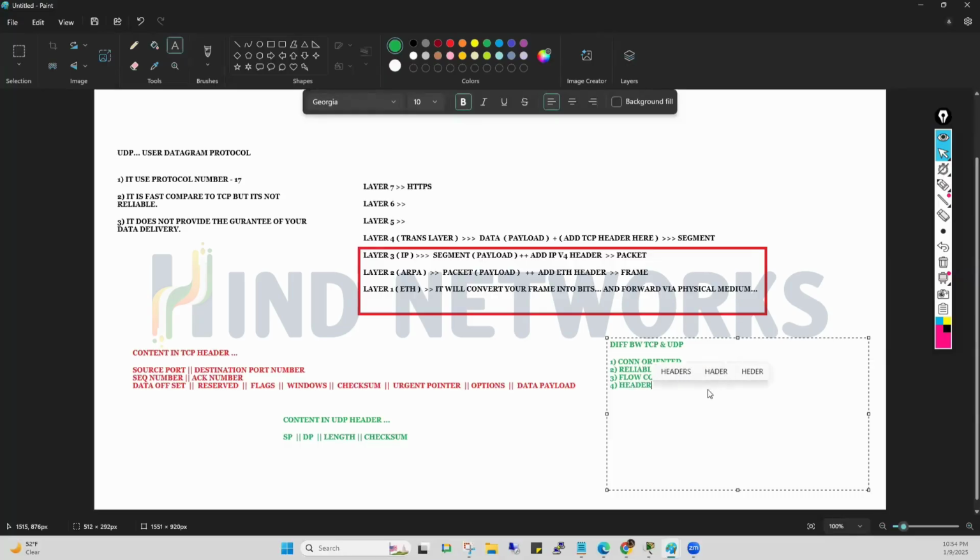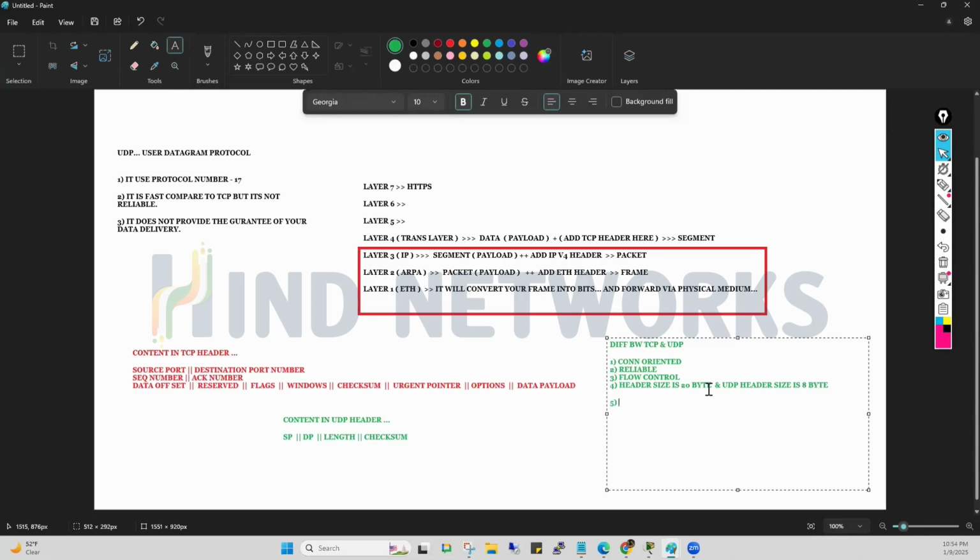TCP header size is 20 bytes. What is the size of the header, guys? 20 bytes. But in case of UDP, the header size is 8 bytes. I told you, the TCP header size is big compared to UDP. Clear, guys?